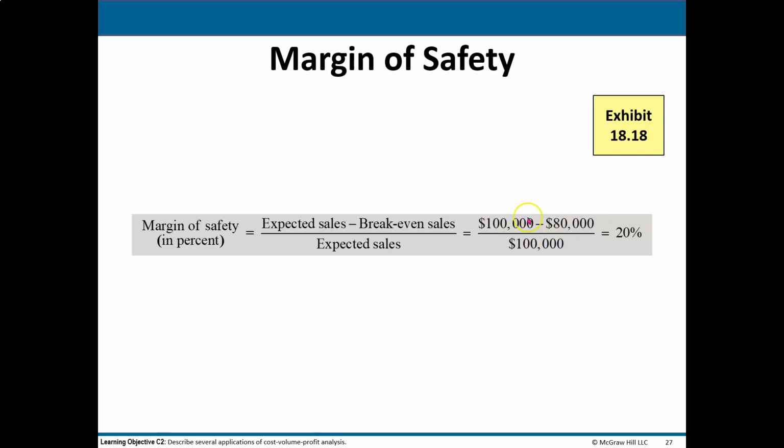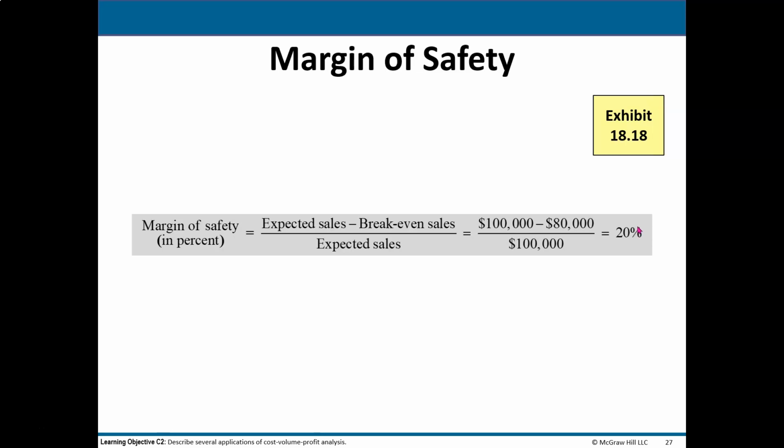So I'm going to take that cushion of $20,000 and divide that by $100,000, my expected sales. And I have a margin of safety in percentage terms of 20%. Now I can express that in units, dollars, or as a percent.